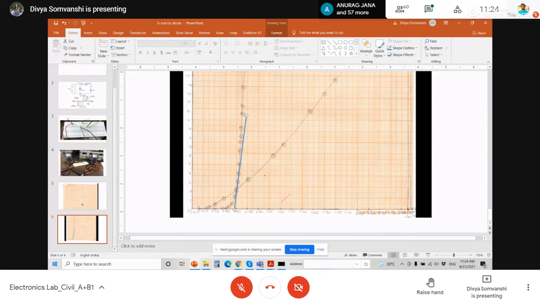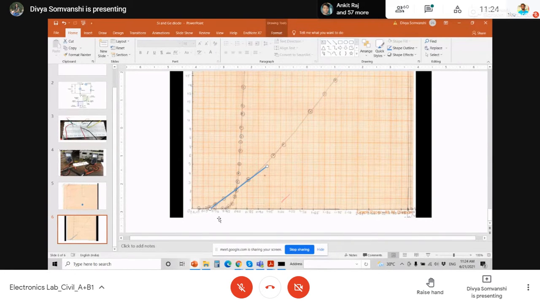Suppose you have to draw the same thing for germanium, then you can also draw your tangent like this. Here you can see germanium normally has a cut-in voltage of 0.3 volt. Here it is also coming less than 0.3 volt.